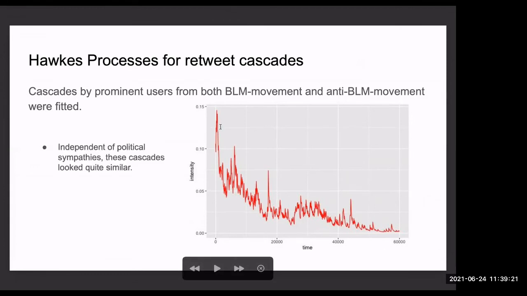We have this big spike in the beginning, and it starts to die down a bit. Some might go up a bit, and the only difference was how fast it was dying down, but otherwise the main high-level idea is that you have a lot of intensity at the beginning.